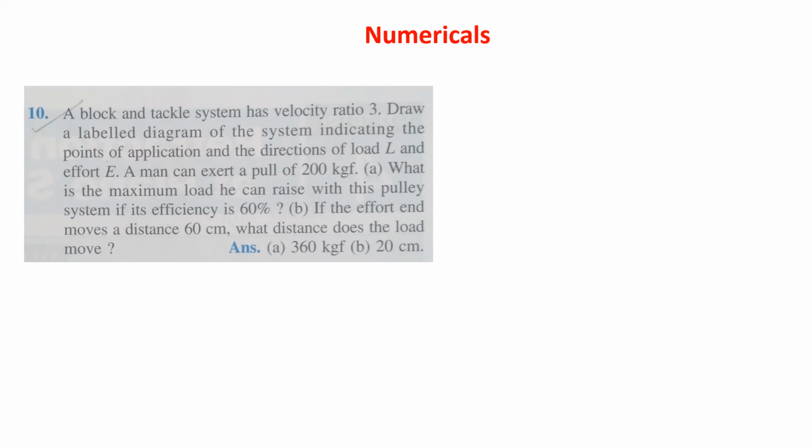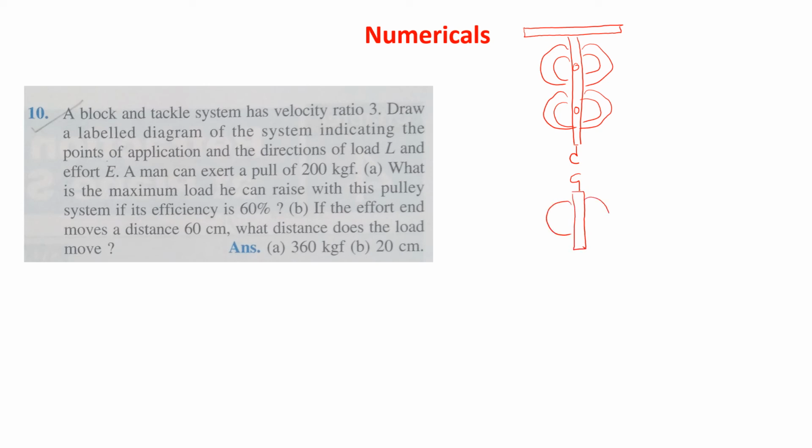So this is your one pulley, 2 pulleys, because 3 pulleys, so in the upper block it will be 2 and the lower block will be 1. Load will be here. The direction of the load.